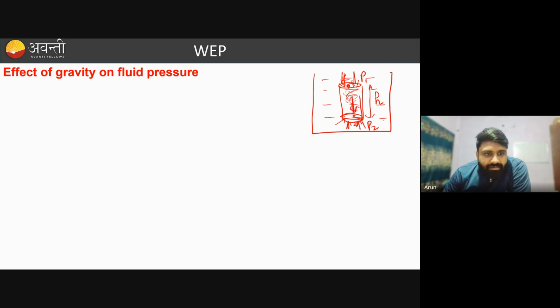Let me change the color. This mass of the fluid is acting in downward direction, which is mg. So we can say that this fluid is static. So for static fluid, this will be in equilibrium. If it is in equilibrium, there is no net force acting on the cylinder. So sum of all the forces will be 0.